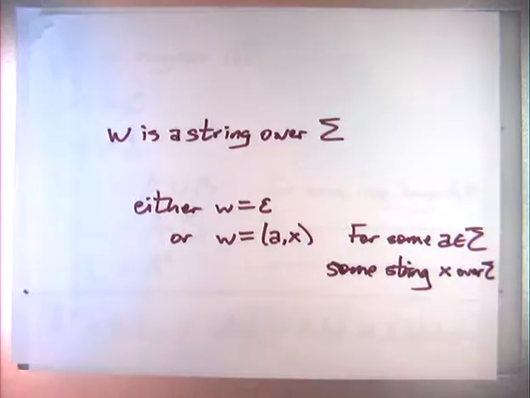So this recursive rule allows me to construct strings that are arbitrarily long. I can choose to invoke rule 2 as many times as I want, as long as the number of times that I want is actually a number.